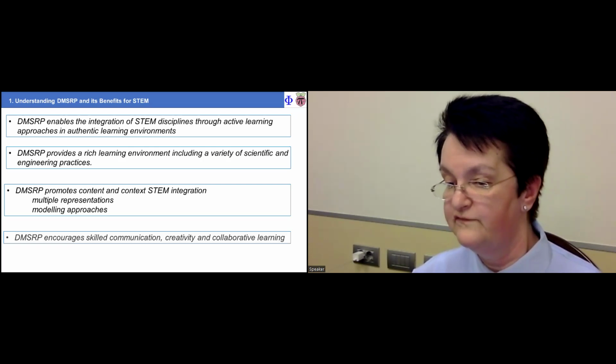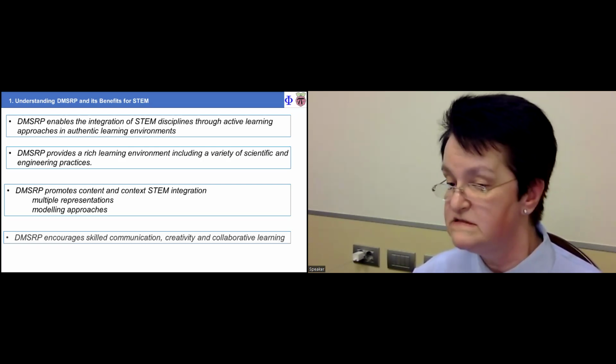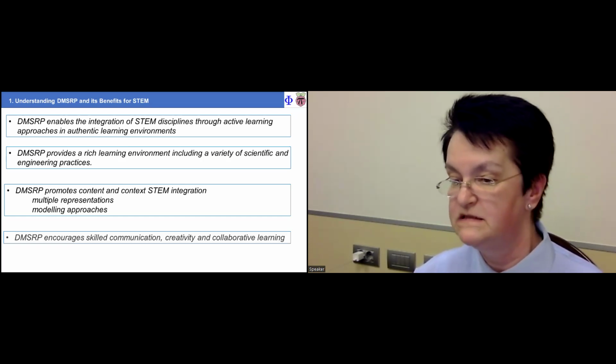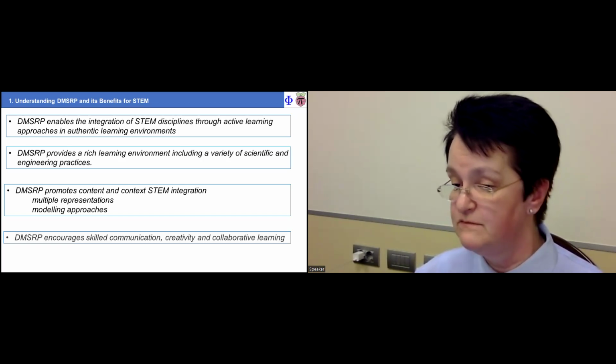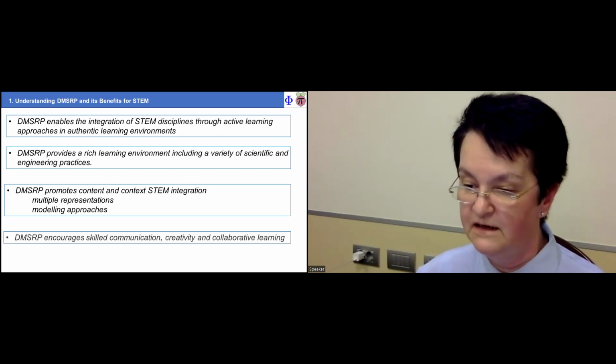Also, there are a lot of STEM practices which are involved. For instance, to ask questions and design experiments, develop and use models, carrying out experiments, modeling with the data, with mathematical tools, using computational thinking.